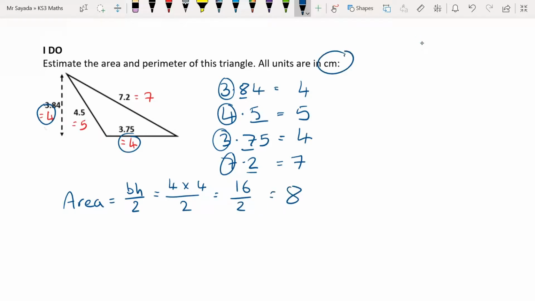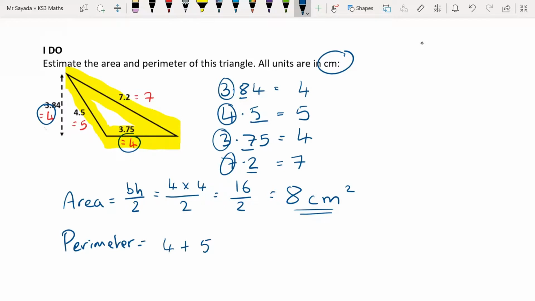Because all units are in centimeters, area will be centimeters squared. And for the perimeter, perimeter is the distance around a 2D shape. So I just add 3 sides together. 1, 2, 3. Those 3 sides are 4 plus 5 plus 7, which is 16 centimeters.